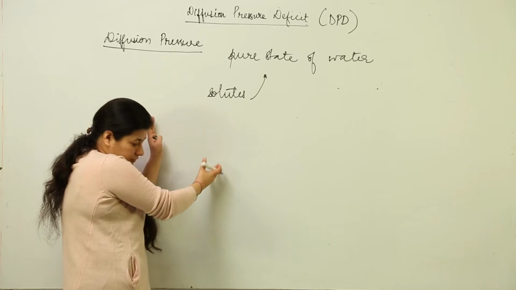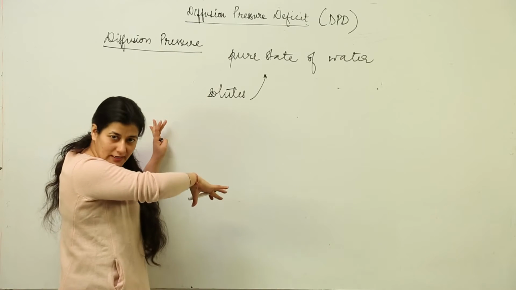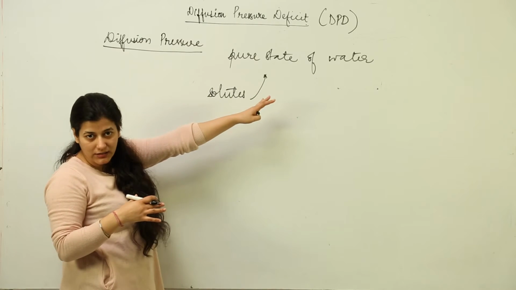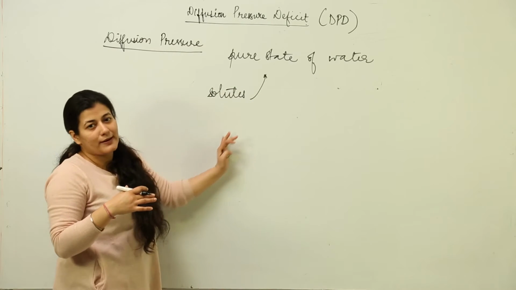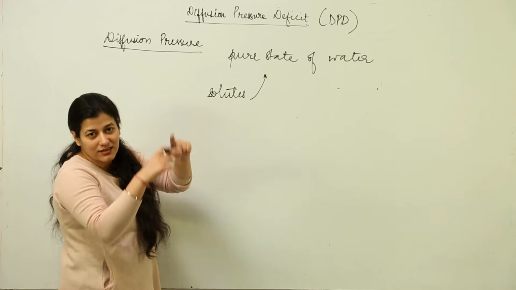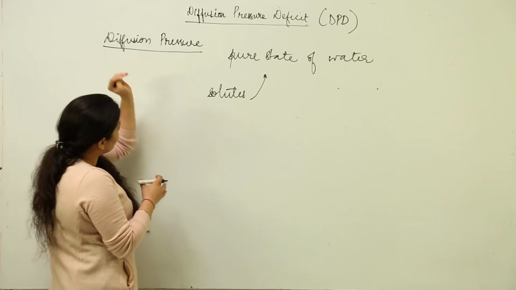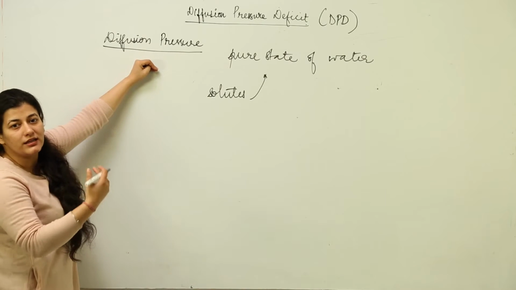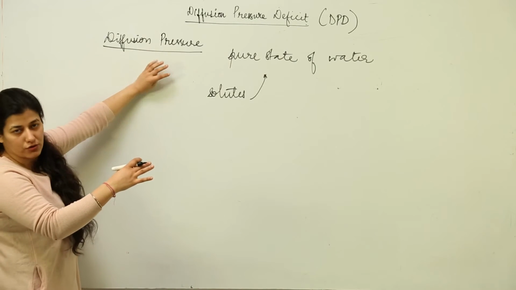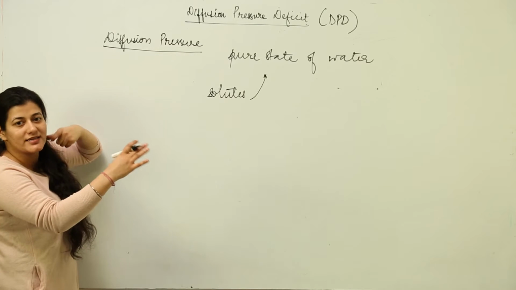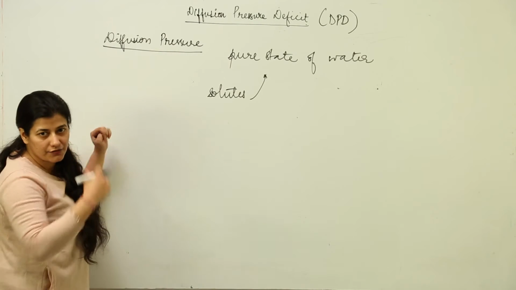The molarity would comprise the solute particles as well in the place of water particles. So solvent particles would be replaced by the solute particles in the given solution for the given molarity. So what would happen as a result? There would be a decline in the diffusion pressure.